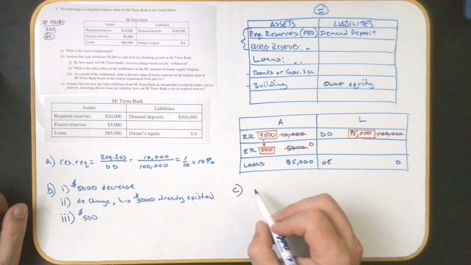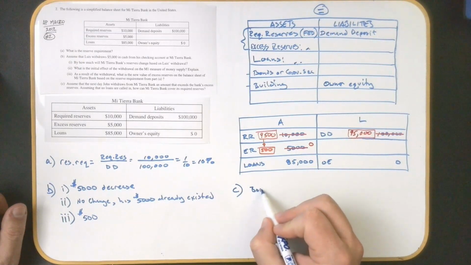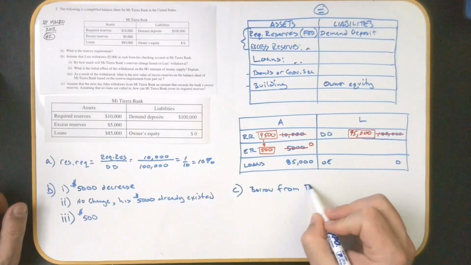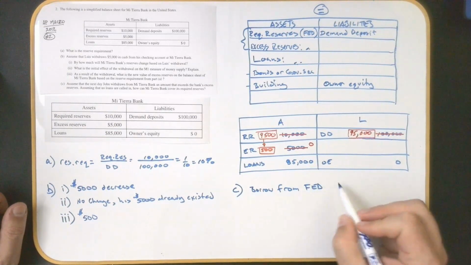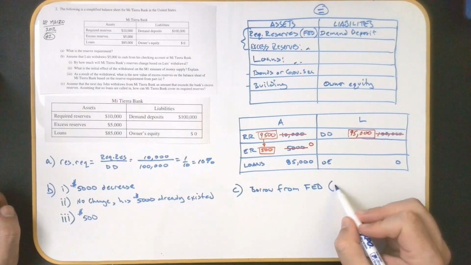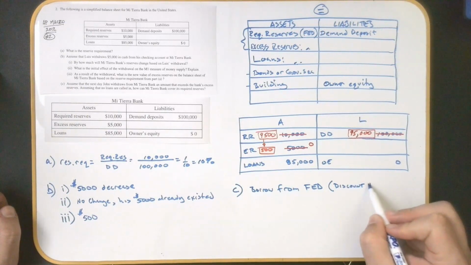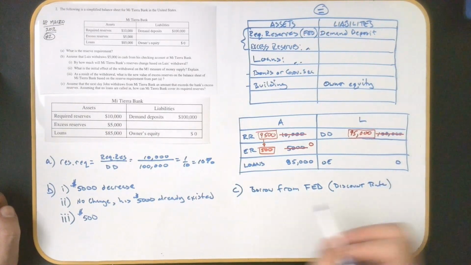Well, they have two choices. They can borrow money from the Fed. And the rate they're going to get charged is the discount rate. By the way, you don't have to state that. I'm just writing it here.